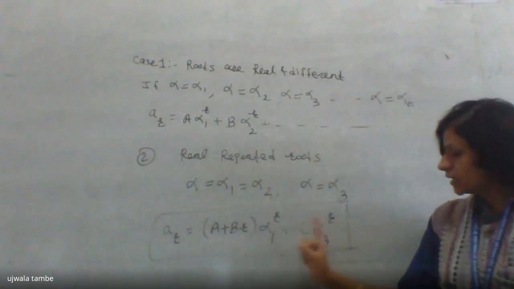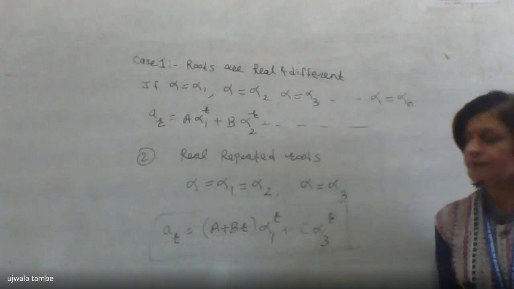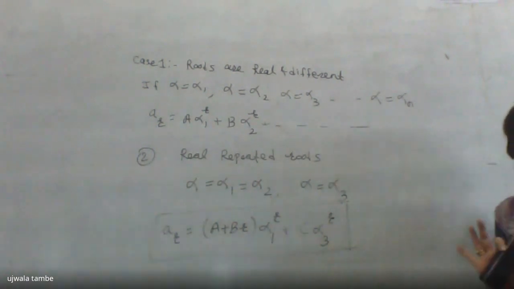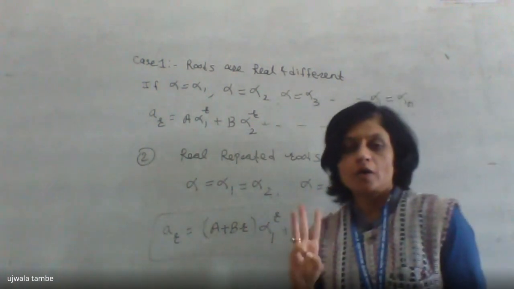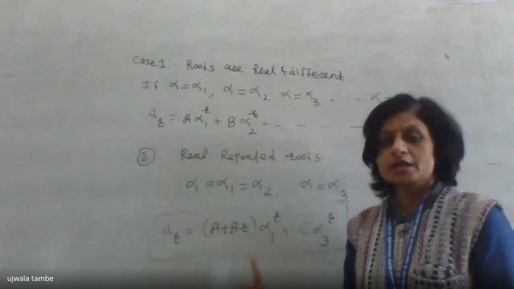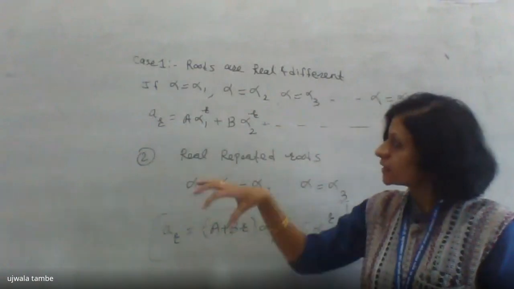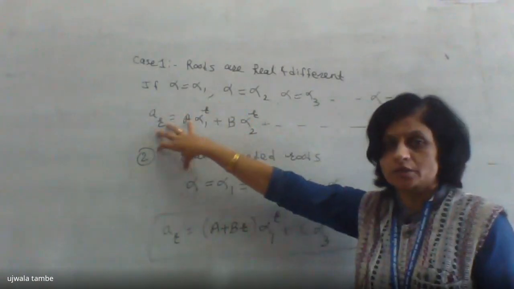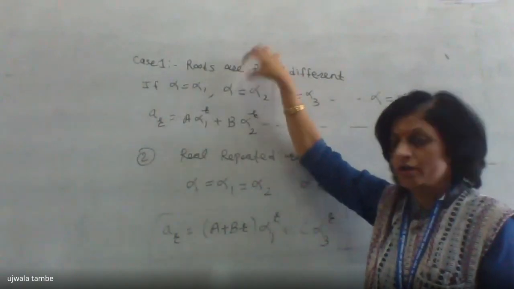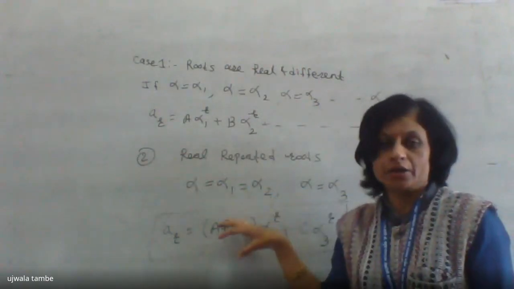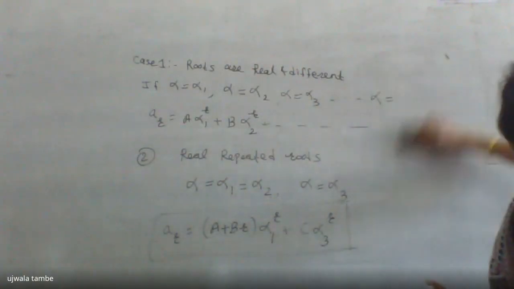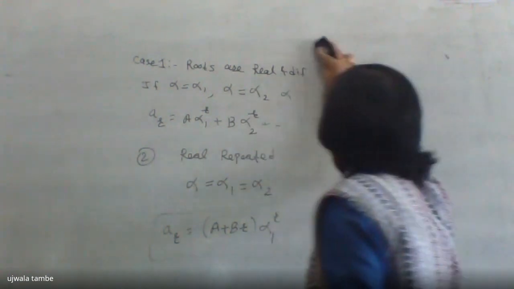Plus C into alpha 3 raised to r. The important thing is first to find the order, degree, characteristic equation and its roots, and see whether the roots are real and different or real and repeated.